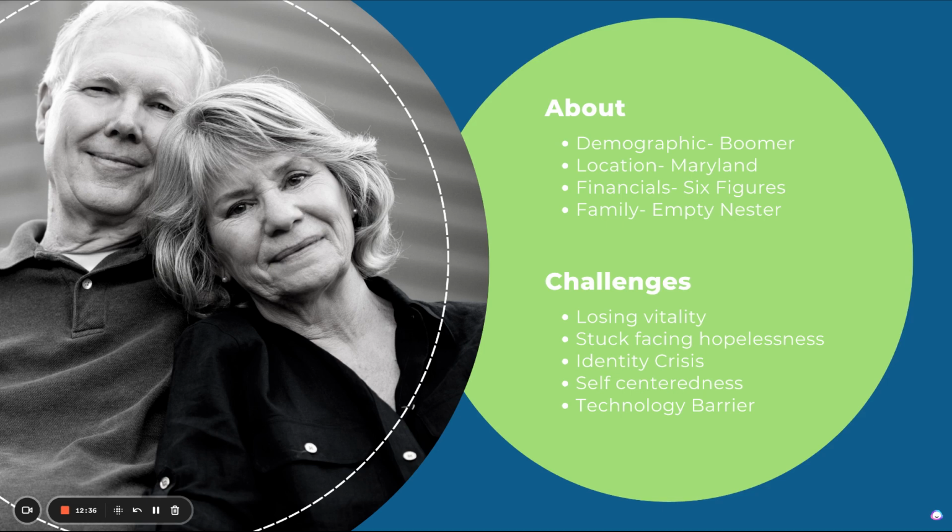Some of their challenges included losing vitality, facing hopelessness, identity crisis, self-centeredness, technology barrier. So we look at some of the barriers and challenges that they have. That's really important. We're going more deep than just what we did in the first phase, and we really go deep into what these people are facing, and we try to create language that communicates to those challenges.